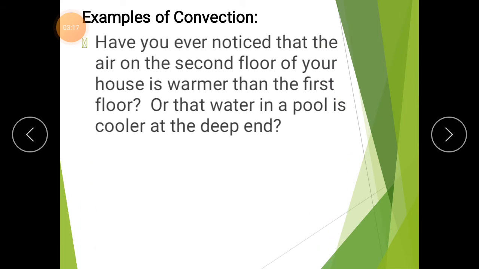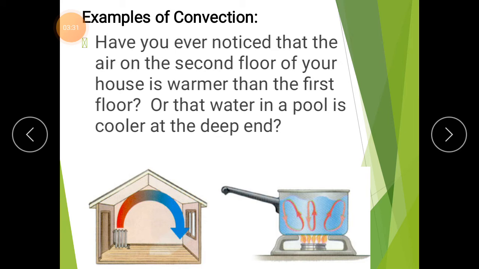Now, examples of convection. Have you ever noticed that the air on the second floor of your house is warmer than the first floor? Or that water in a pool is cooler at the deep end? Let's understand these examples. First, heat energy must travel through gases because our room can be warmed by a heater.